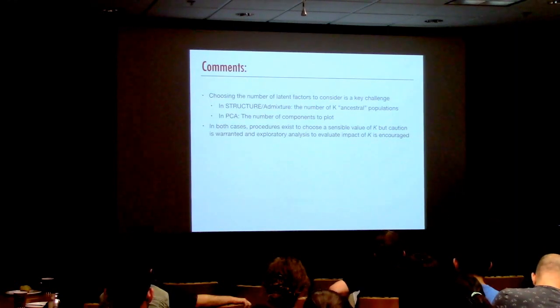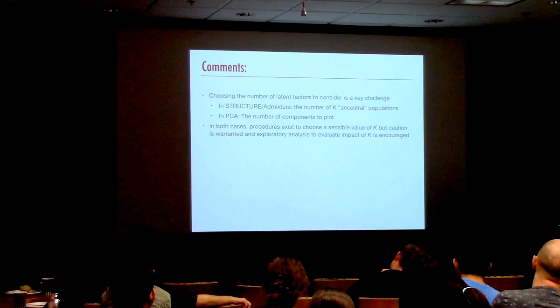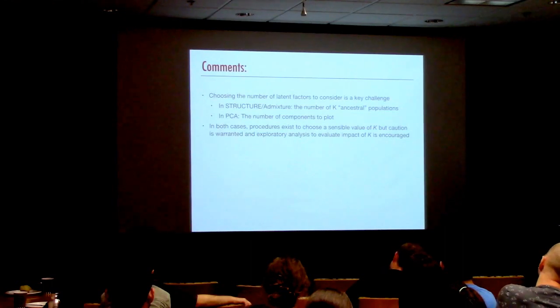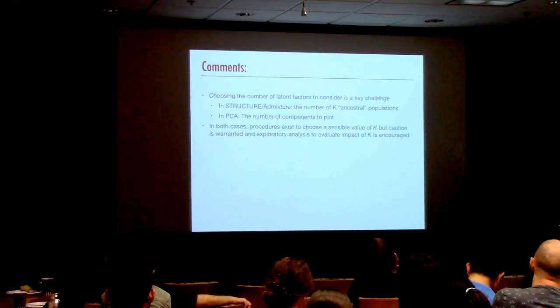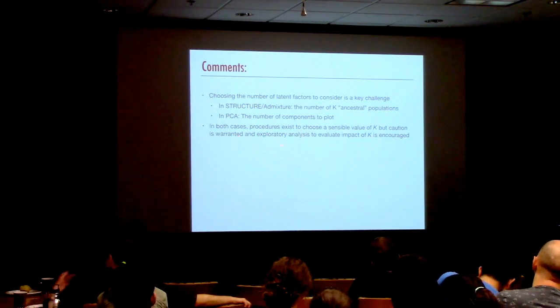But sometimes structure is more continuous, and you can have lots of principal components that show non-negligible eigenvalues, and how do you interpret those lower-level ones, okay? In both cases, there are procedures that exist to help choose a sensible value of K. But the general rule is that caution is warranted with those approaches. It's a model selection type problem, and so in practice, it's generally encouraged to do exploratory analysis to evaluate the impact of K.